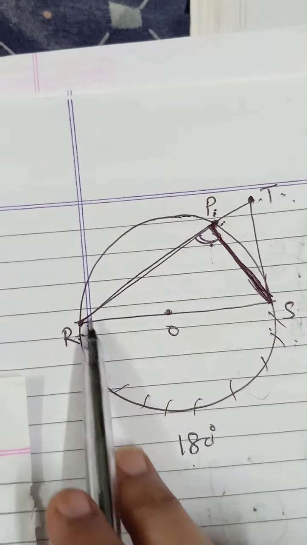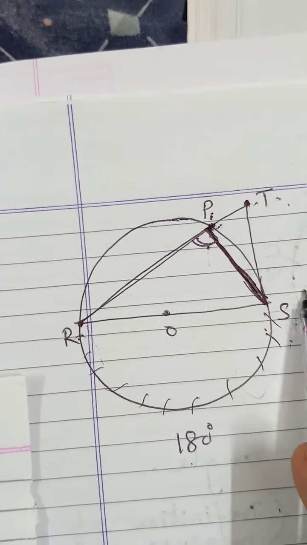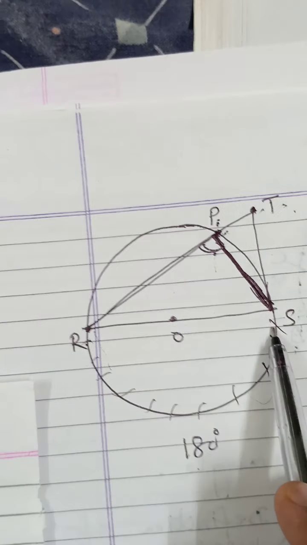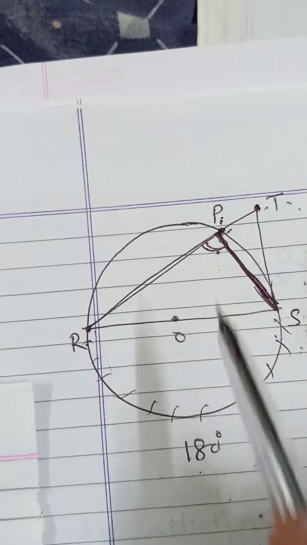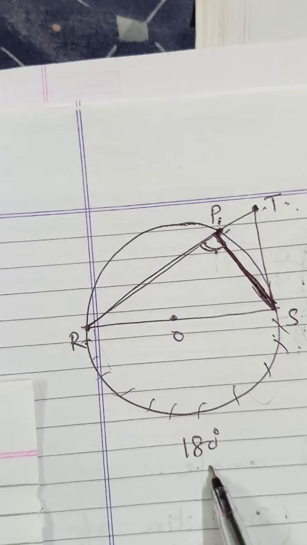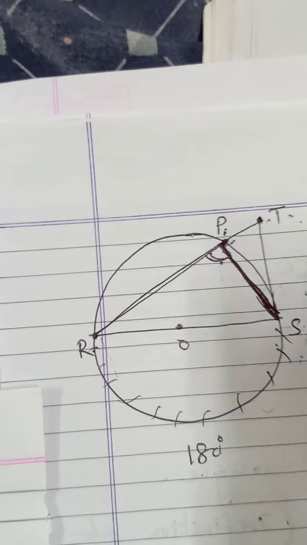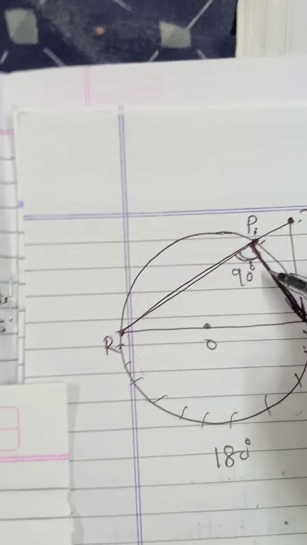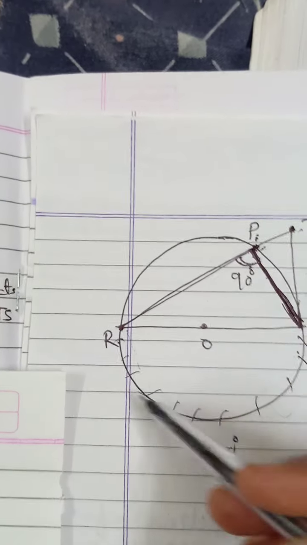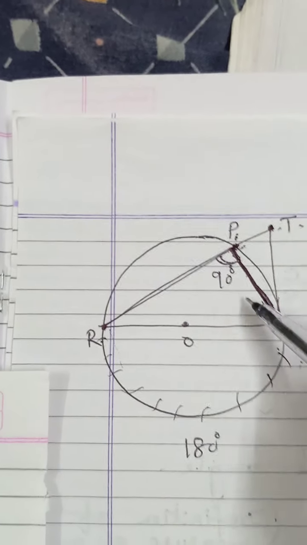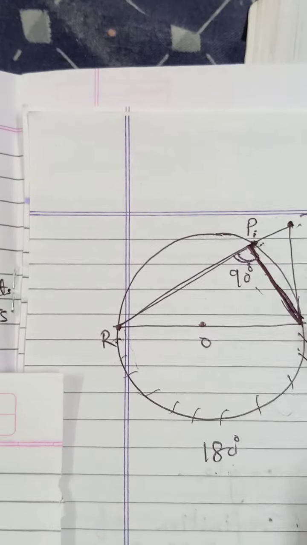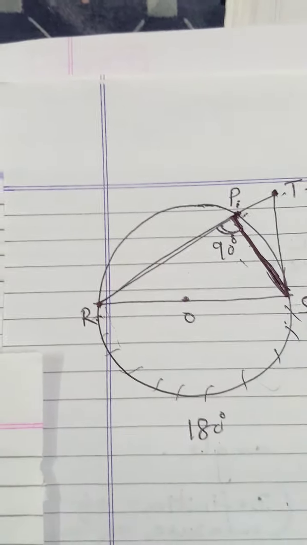The intercepted arc is arc RS and the angle is angle RPS. So angle RPS will be half of arc RS. RS is 180 degrees, so it is 90 degrees. Already I have explained in the property that the angle inscribed in a semicircle is a right angle. By that property also we can take angle RPS equal to 90 degrees.